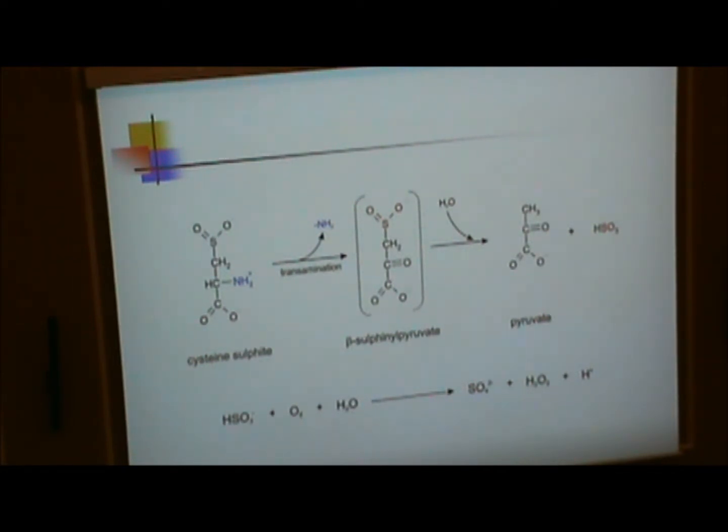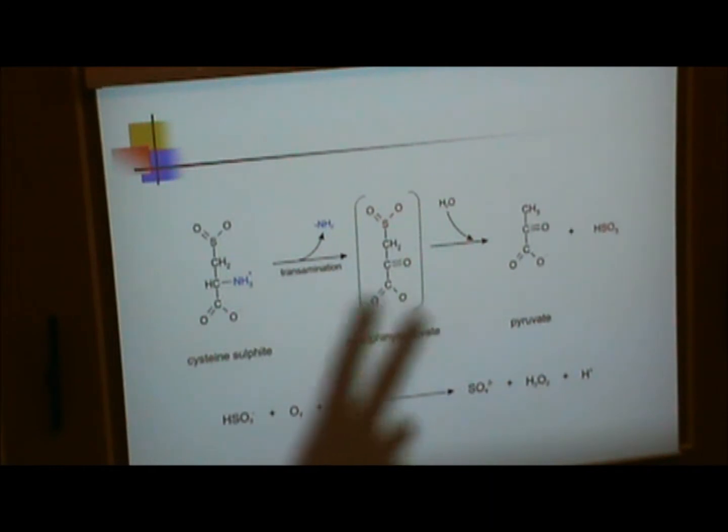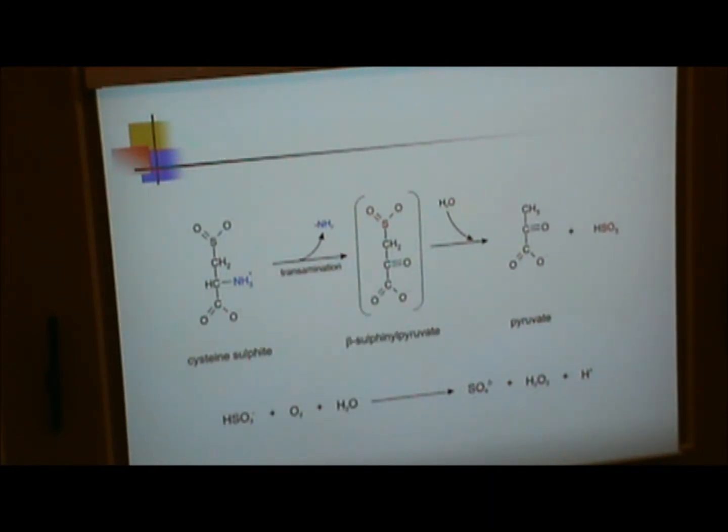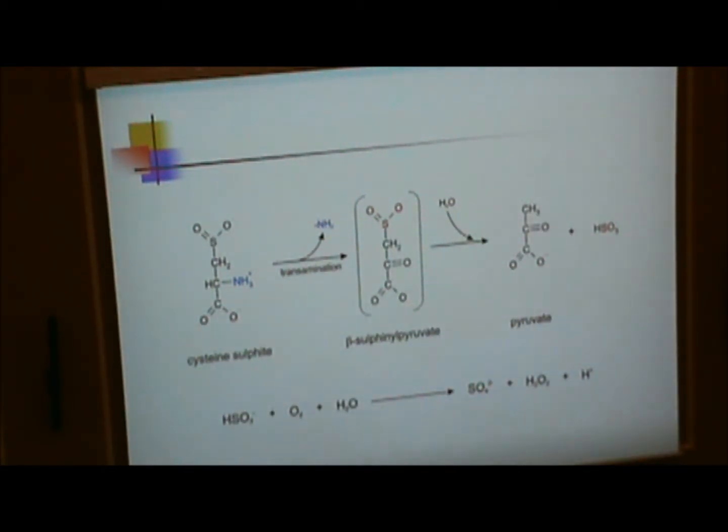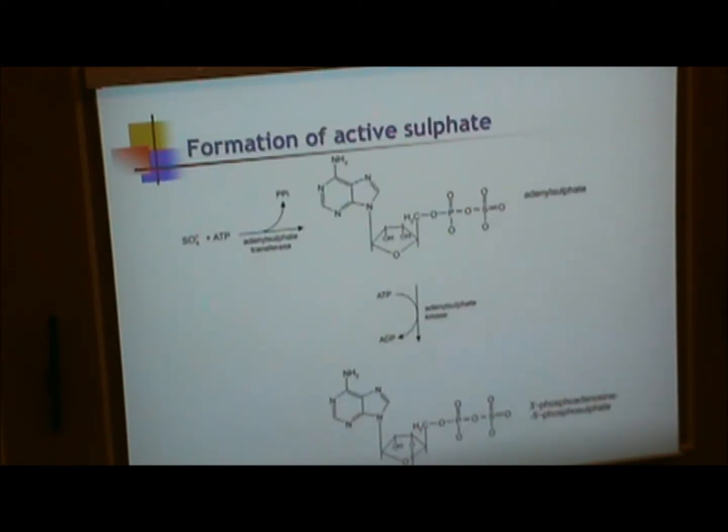What happens next? In the next step, the sulfate, SO4 2 minus, interacts with ATP.